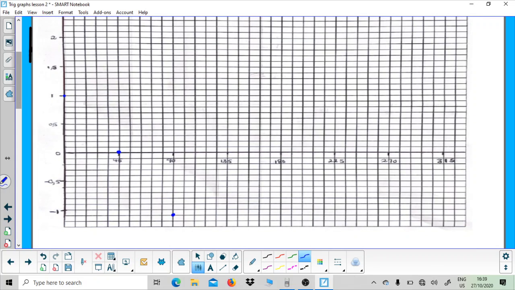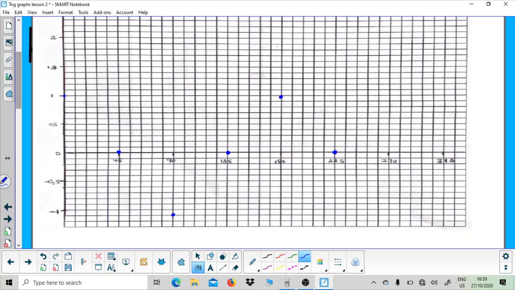Okay, you won't be able to see everything here. And then on 135, let's go back to 0. Then 180, we are on 1. Okay, and then 225, we are on 0.